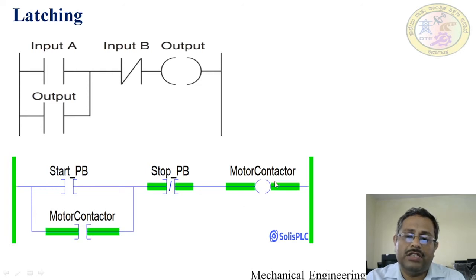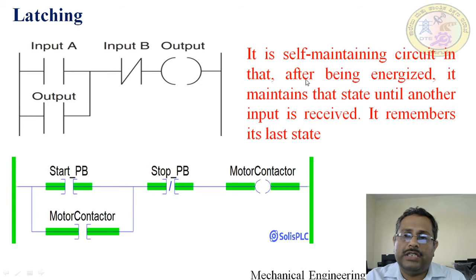This is a condition we sometimes require: the output remains energized even after the input is released. At that time we use latching, which is a self-maintaining circuit. After being energized, it maintains that state until another input is received. It remembers its last state.